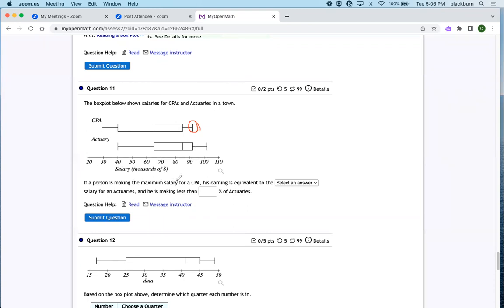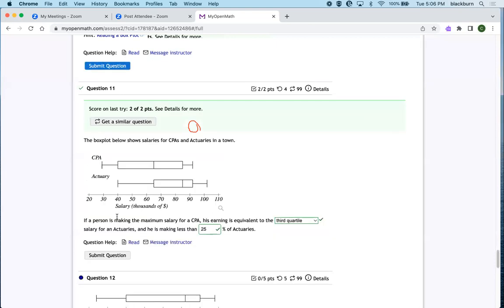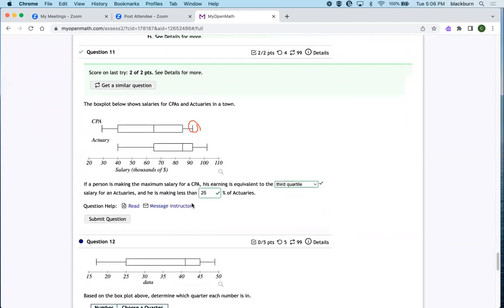So a person making the maximum salary of a CPA is equivalent to, let's see what our options are, the what for the salary for an actuary. So it looks like the third quartile salary for an actuary, right? Third quartile. And he's making less than 25% of actuaries, right? Because 25% of the actuaries make more than that 92,000 or whatever it is. All right, so that's the way you would read that problem.